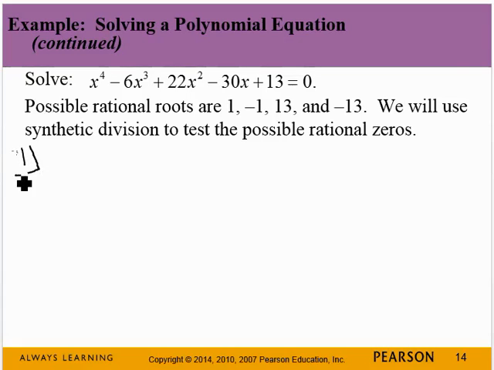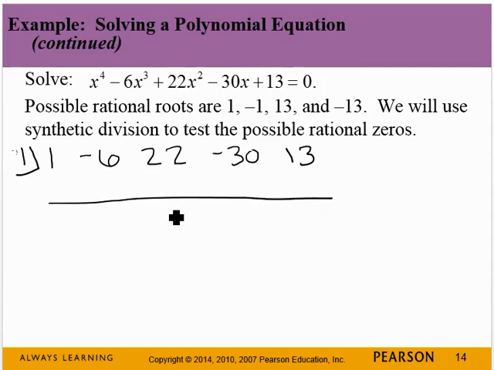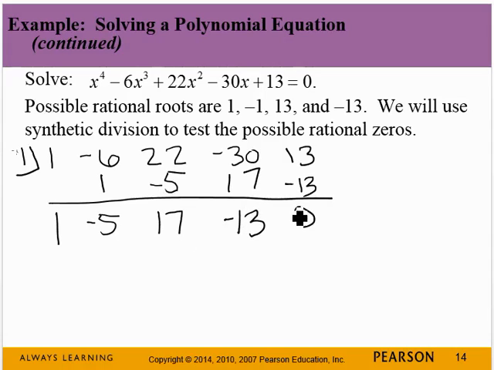So we're going to start with 1. So this means that 1 is a possible zero.